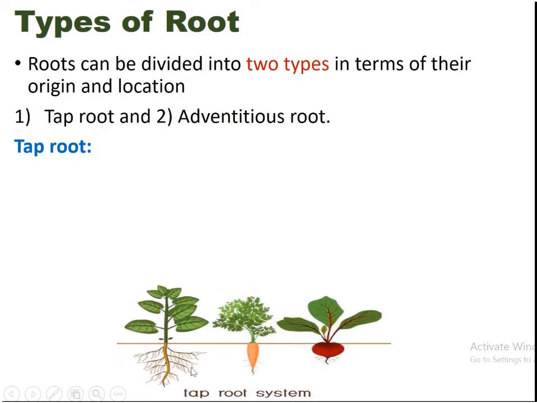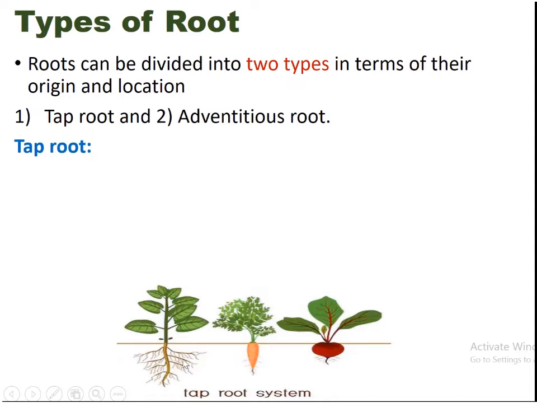These taproots are somewhat straight, very thick and tapering in shape, and they grow directly downward into the soil. The lateral branches of this root grow out of this central radicle.